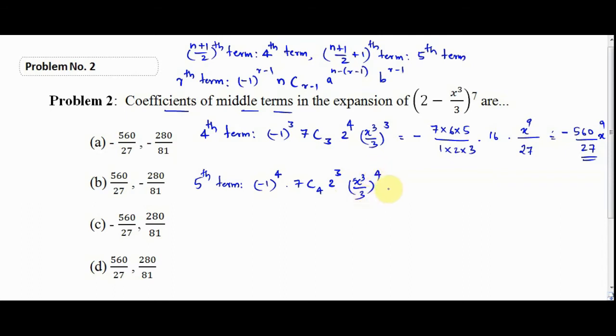So this will give us the fifth term in the expansion. Here we have minus 1 raised to 4, that will be plus. So the sign of the coefficient will be positive.